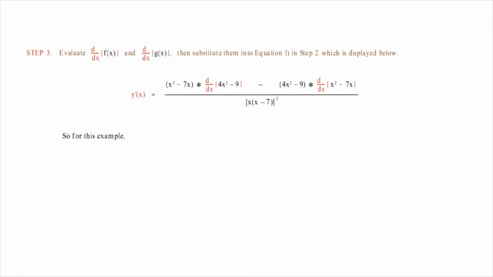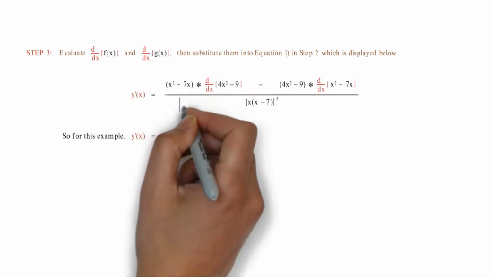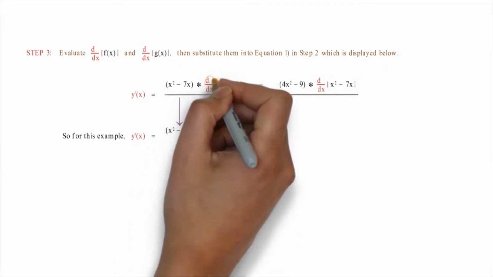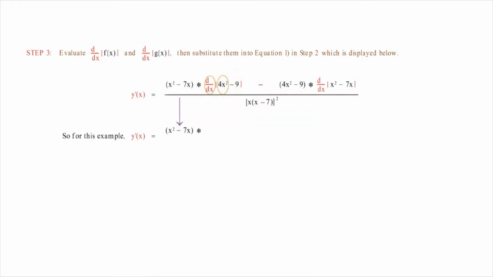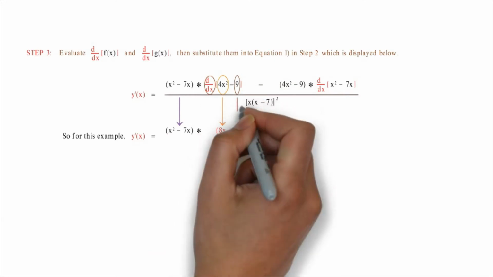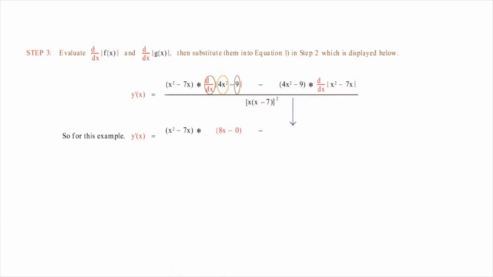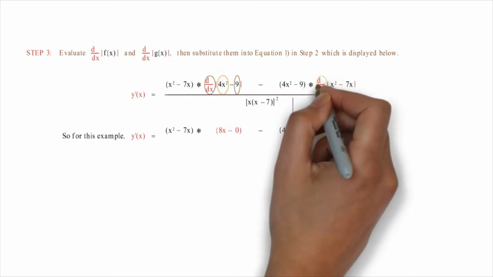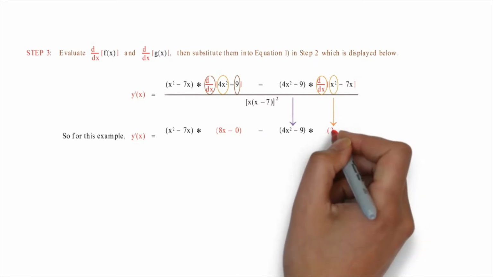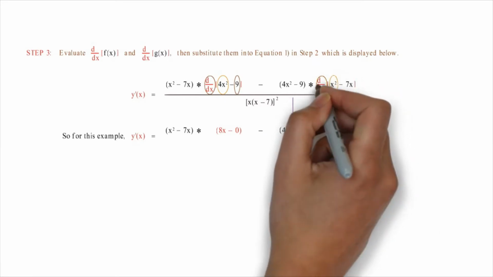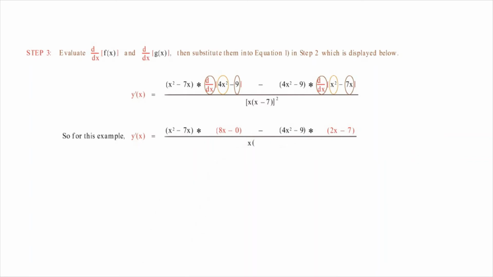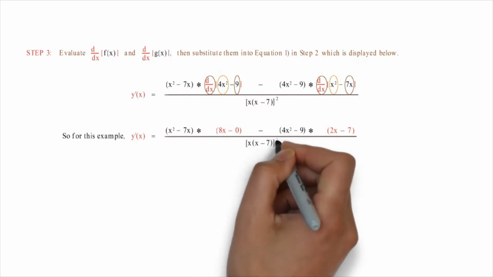So for this example, y dash x equals, bring down x squared minus 7x, times d/dx of 4x squared, which is 8x, minus d/dx of 9, which is 0, minus bring down 4x squared minus 9, times d/dx of x squared, which is 2x, minus d/dx of 7x, which is 7, divided by x(x minus 7) all squared.